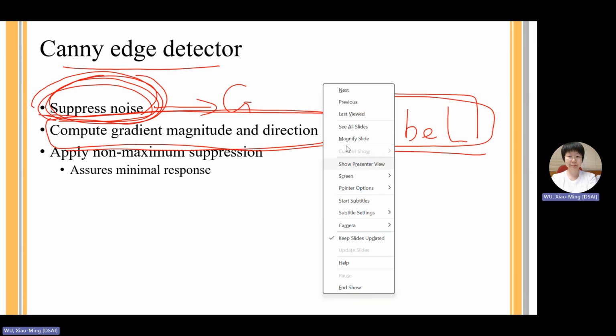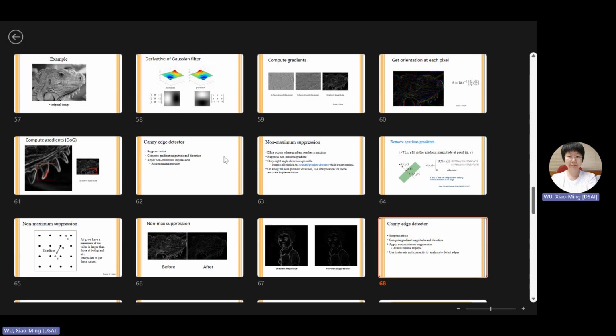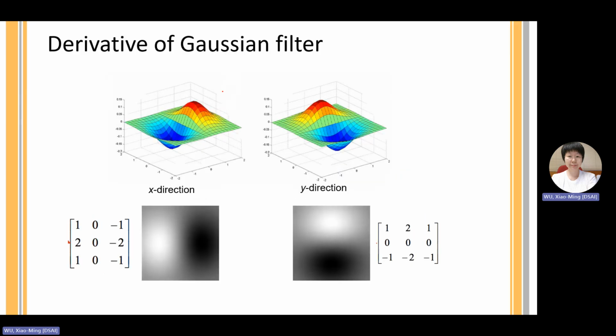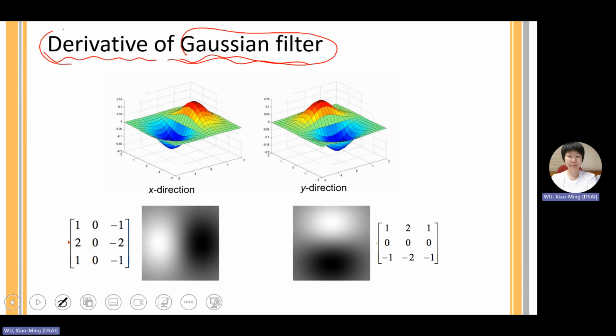What is the Sobel operator? The Sobel operator applies the derivative of Gaussian filter. So again, here we have another Gaussian filter, but we take its derivative. The Sobel operator already suppresses noise using a Gaussian filter.